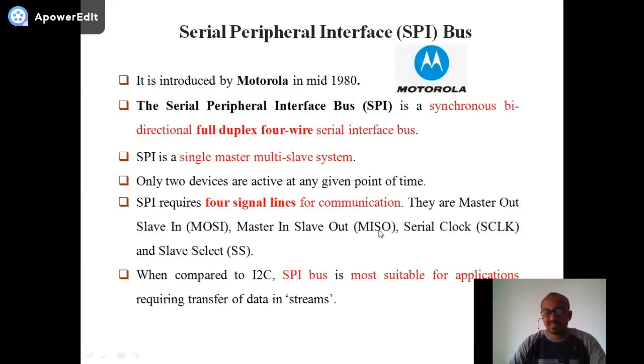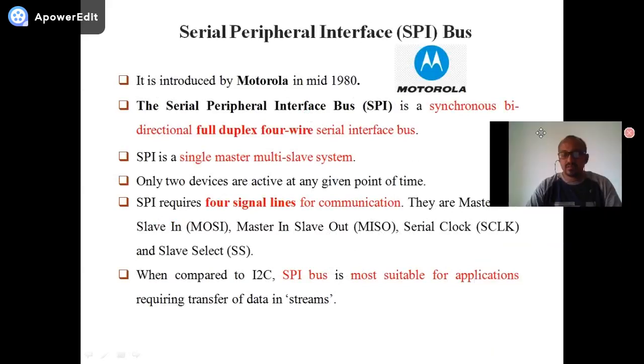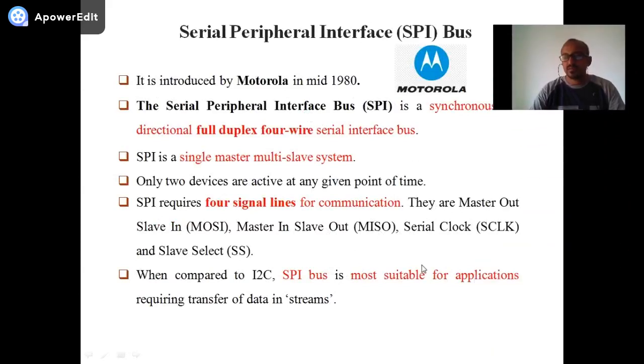There are 4 signals, as I discussed while showing the block diagram. I hope you understood the 4 signal lines that are used: MOSI, MISO, serial clock and slave select.